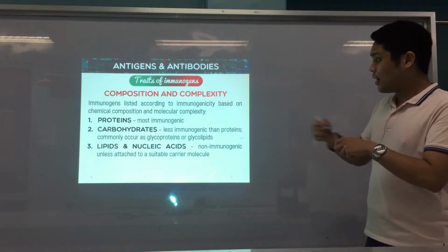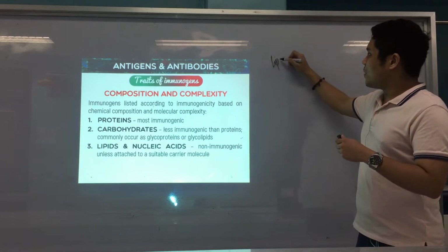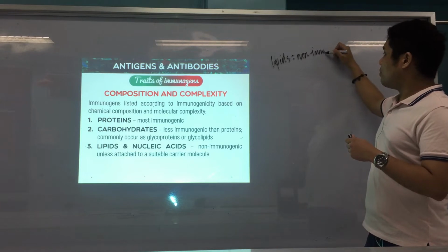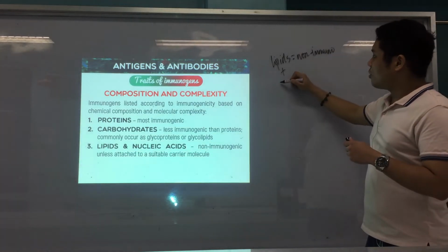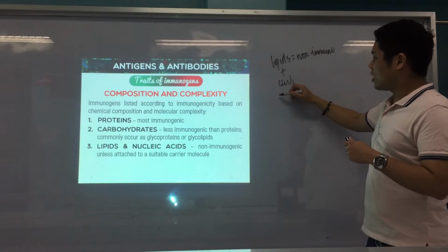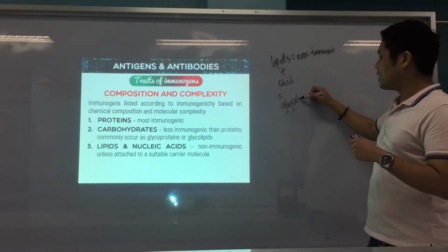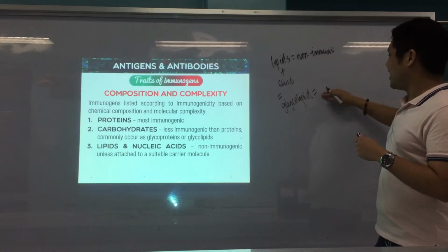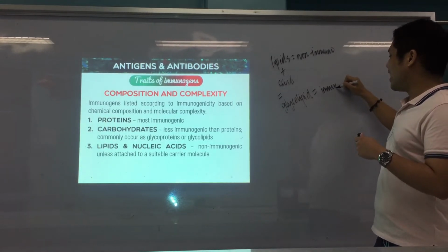For example, glycolipids. Lipids in themselves are non-immunogenic, so they cannot produce an immune response. But when you add, let's say, a carbohydrate, for example a glycolipid, it becomes immunogenic.